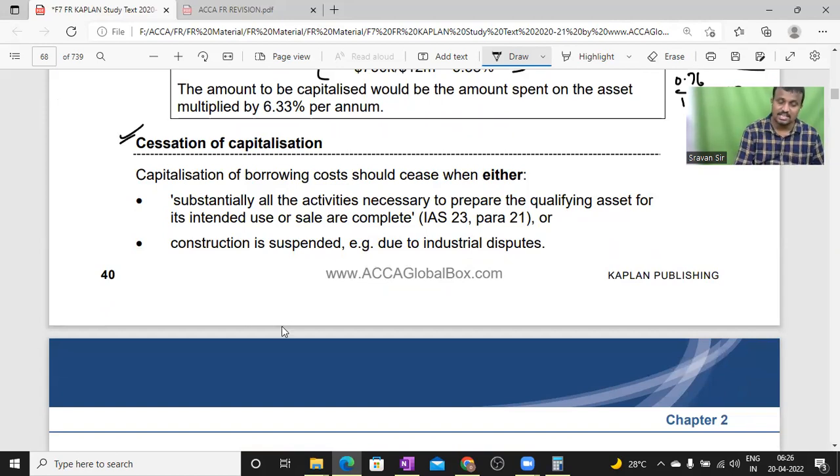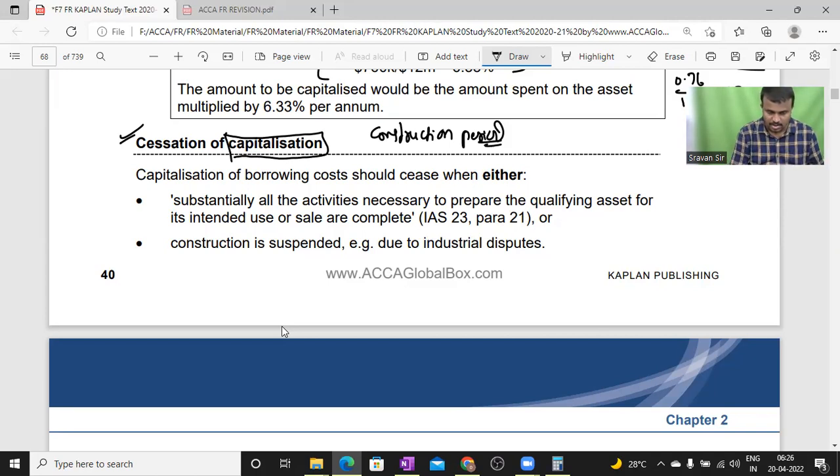Then cessation of capitalization. As we already discussed, capitalization of borrowing costs must be done during the construction period. Once the construction is completed and the asset is available for utilization, any amount spent after that period is required to be expensed, meaning transferred to the profit and loss statement, and not capitalized.